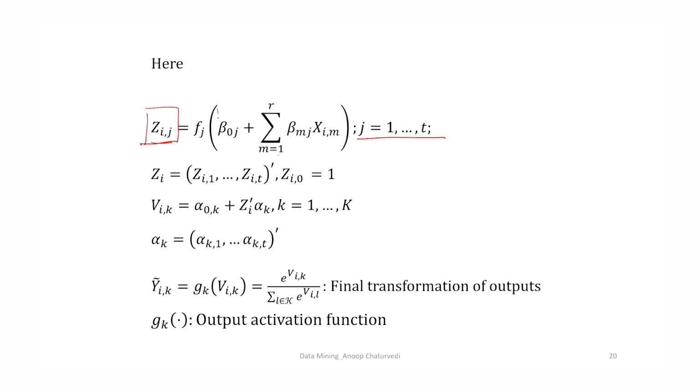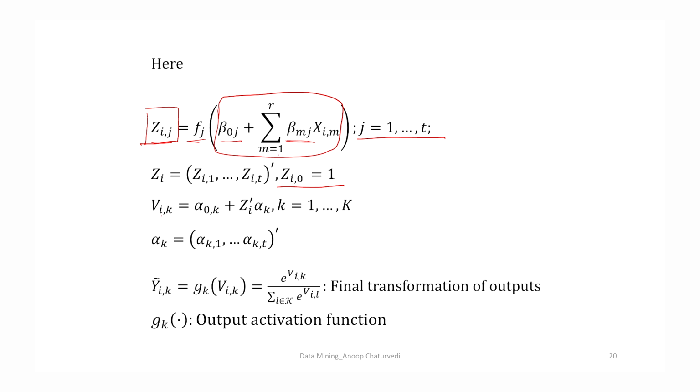We combine the input values using the weights betas, where beta naught j is the bias term and beta_mj is the weight corresponding to x_im, and then we apply this activation function. Then z_i is equal to (z_i1, z_i2, and so on up to z_it) transpose, and z_i0 is equal to 1.